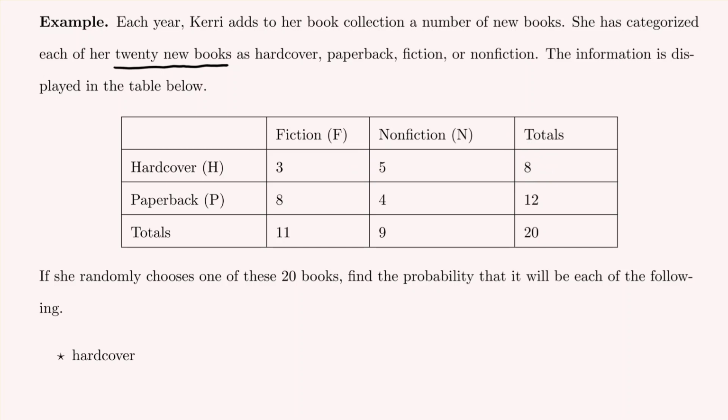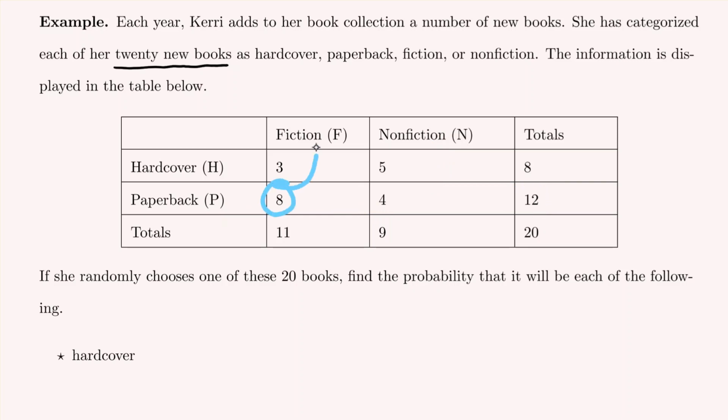Okay. If you saw this entry in the table, how would you describe it? What categories does it fit into? These are the 4 books that are nonfiction and at the same time paperback. So how many books are paperback in all? 12 paperback books.